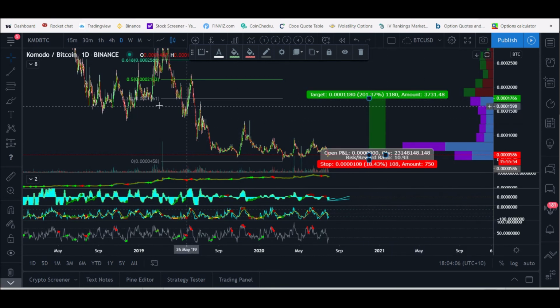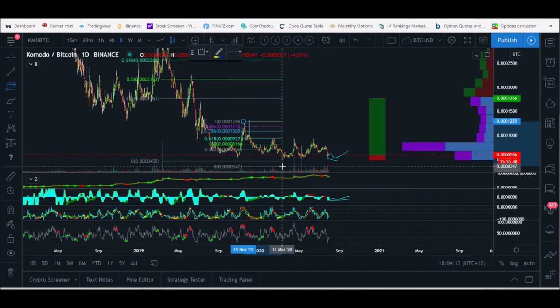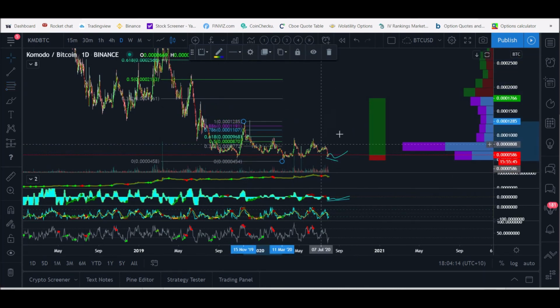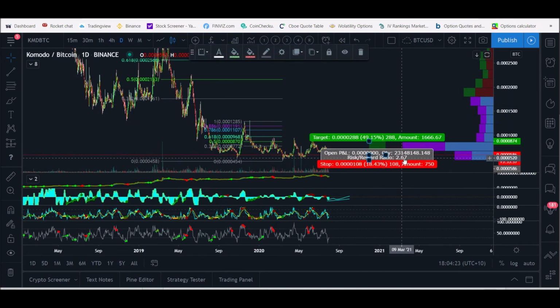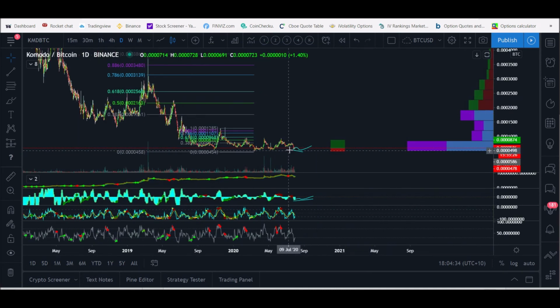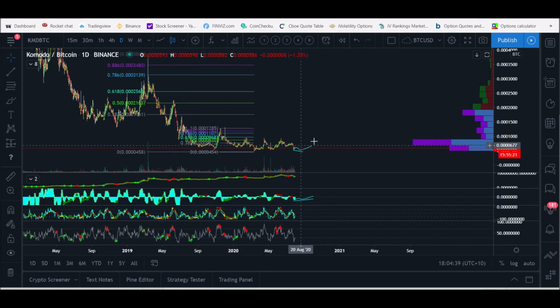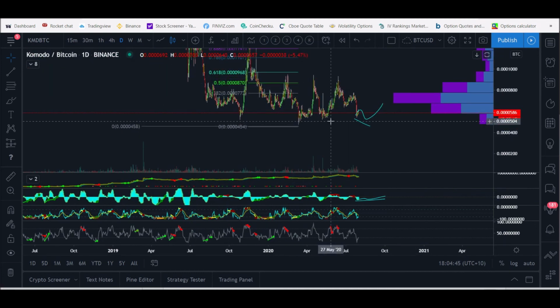Or even if you wanted to work off of this high, swing high to swing low, and you're working off that 618, or even if you wanted to go to the 50% level, that's a 2.67 to 1 risk reward. All depends how you want to do it, if this is going to be a long-term hold or if this is just a short swing trade. But yeah, this is actually not a bad buy, risking to these lows here. So that would be your low.